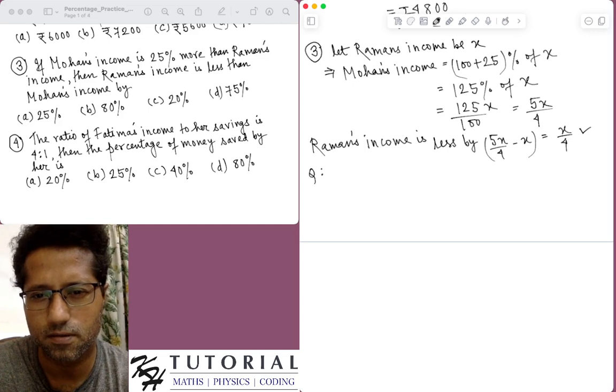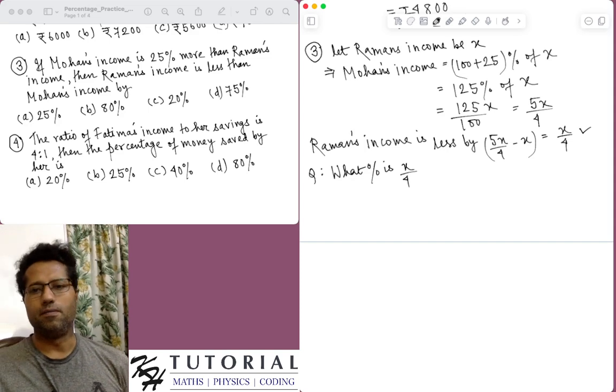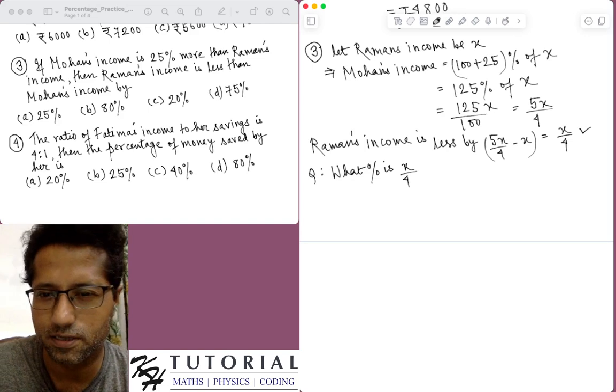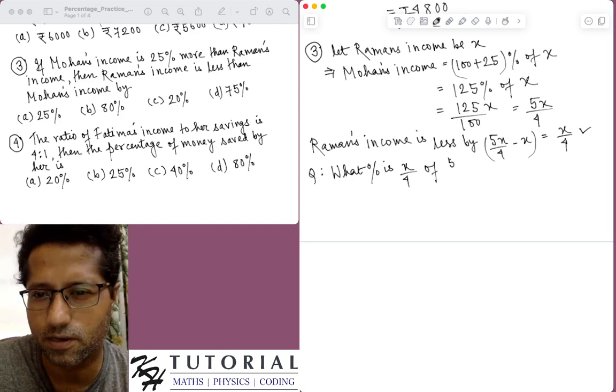So the question is, what percent is x by 4, the amount by which Raman's income is less than Mohan's income, of Mohan's income, which is 5x by 4?